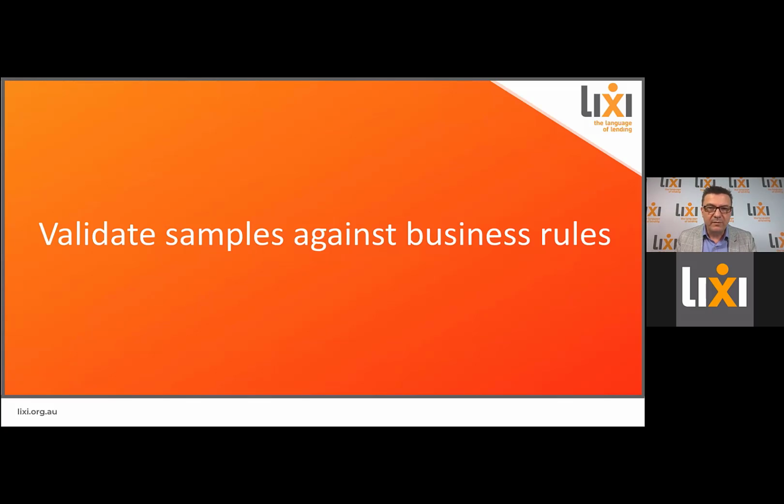So for example, what if I want to evaluate whether I've interpreted the LIXI documentation correctly, and I want to maximize my interoperability and check my library of samples or check samples that are created in real time? So our library of business rules in Schematron are an ideal way to demonstrate that concept. Now you can use any one of our base Schematron files or use it to build your own. We've already got over 1,000 rules written and we're building more every single day.